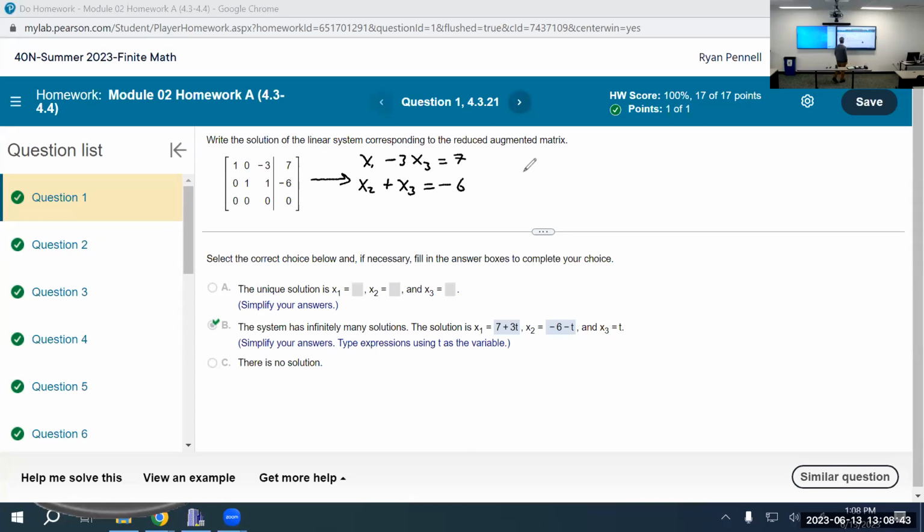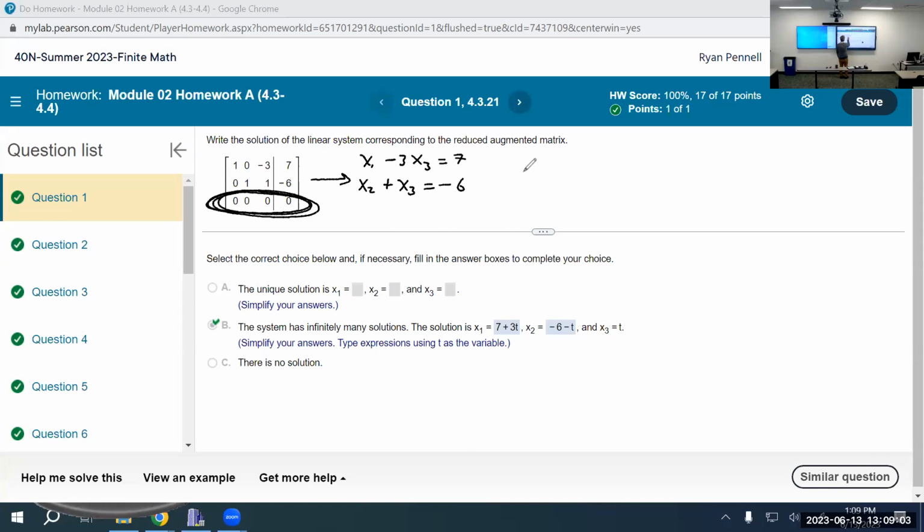It says select the correct choice below and fill in the answer boxes to complete. There's a unique solution, there's infinitely many solutions, there's no solution. What I want to call your attention to is this row of zeros right here.